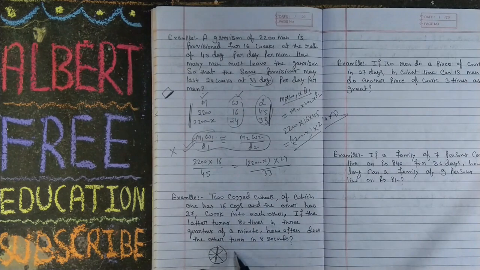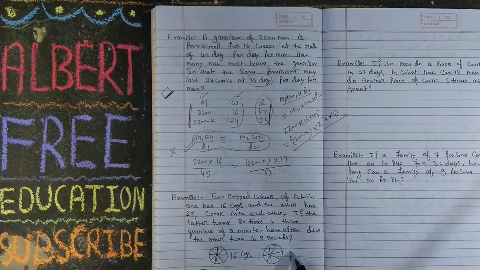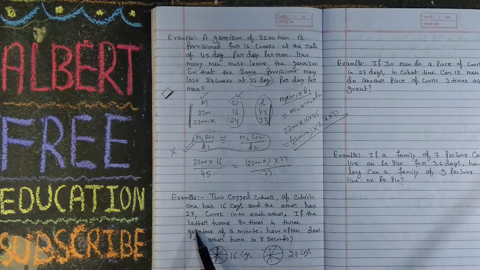One has 16 cogs and the other has 27 cogs, and they work into each other. If the former turns 80 times in 3/4 of a minute, how often does the other turn in 8 seconds?